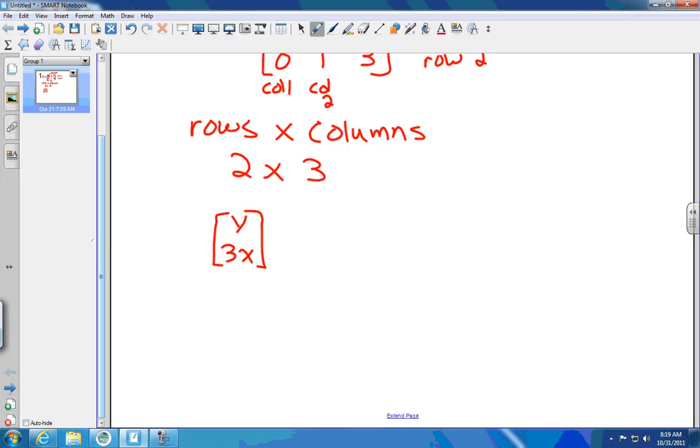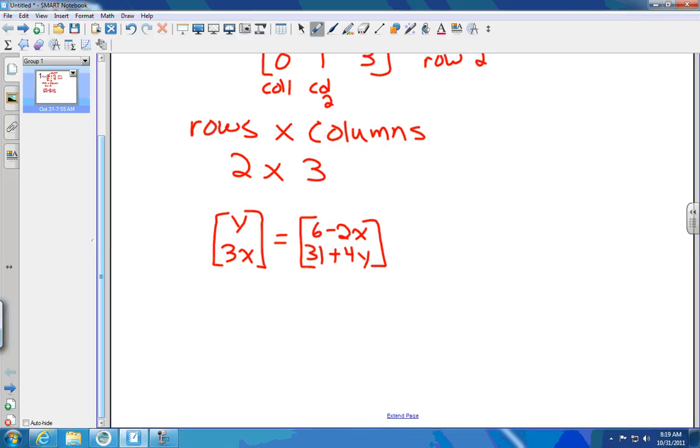So how many rows do we have? 2, and how many columns? 1. So that is a 2 by 1 matrix. And it tells us that that one is equal to that matrix.